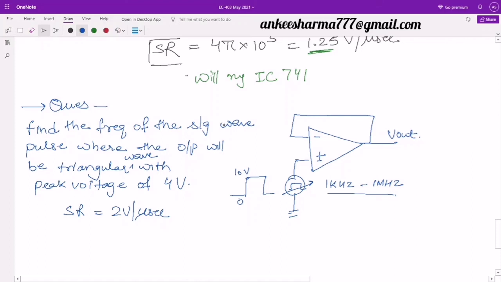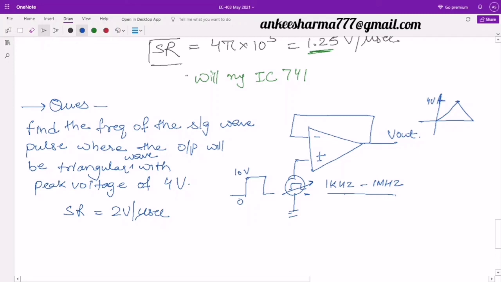So now we have to find a triangular wave in such a way that it should have a peak voltage of 4 volts, meaning it should reach a peak of only 4 volts. How do you adjust it? You need to adjust it using this range given here for the source, 1 kilohertz to 1 megahertz. So you have to find a frequency over here such that the triangular wave available at the output, which I know will be distorted, is distorted in such a way that the triangular pulse I am obtaining has a peak value of 4 volts.